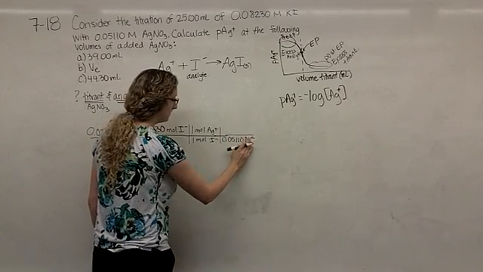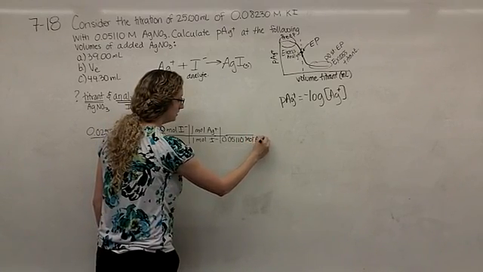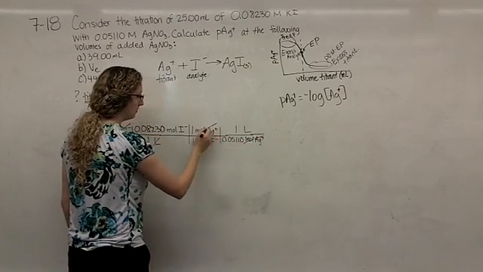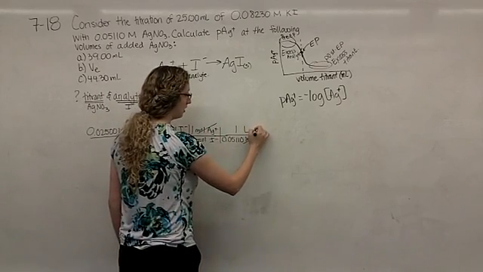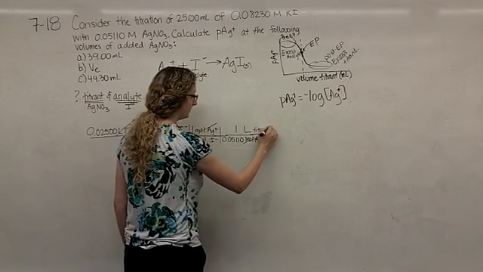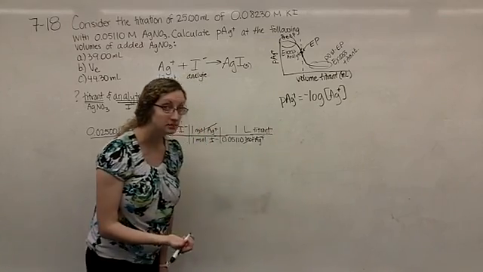That's moles of Ag+ over 1 liter, so this is going to be liters of our titrant. And we can get it back to milliliters.